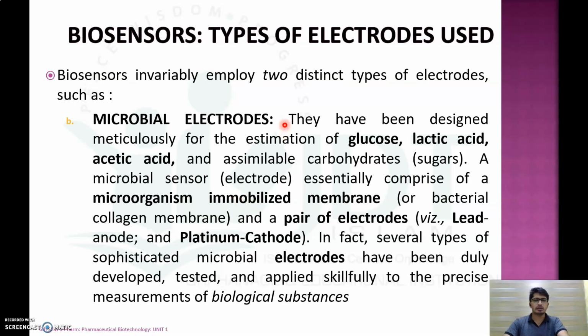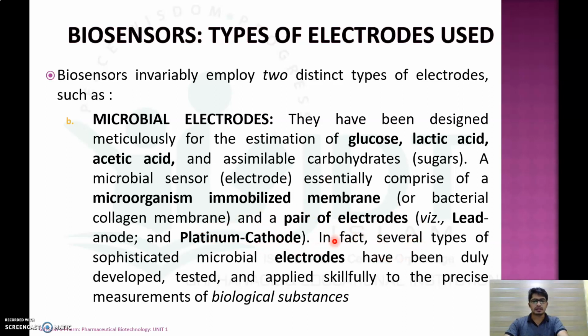And another important type of electrode is the microbial electrode, which is designed meticulously for estimation of glucose, lactic acid, and assimilable carbohydrate, etc. The microbial sensor essentially comprises a microorganism-immobilized membrane and a pair of electrodes, like a lead anode and a platinum cathode.